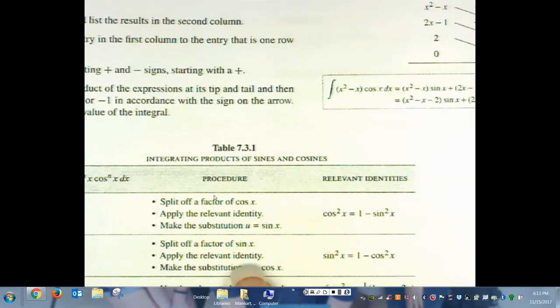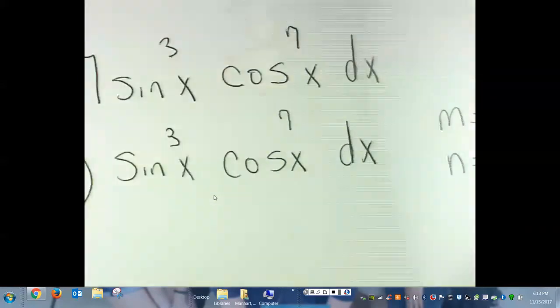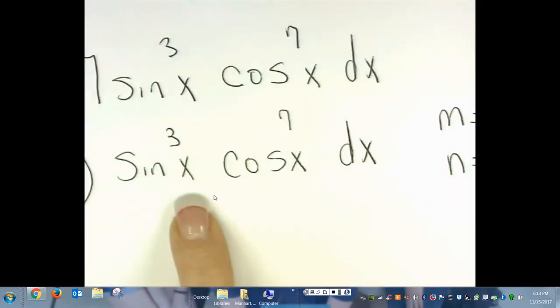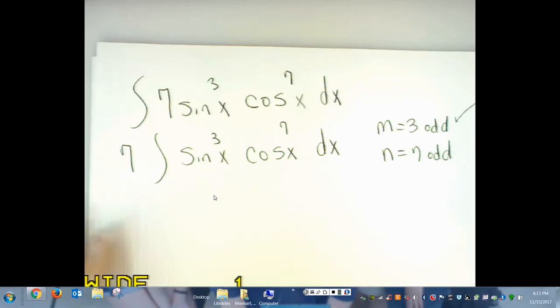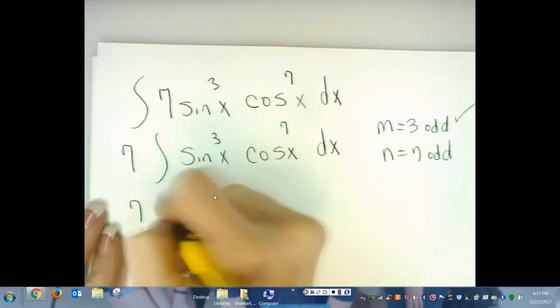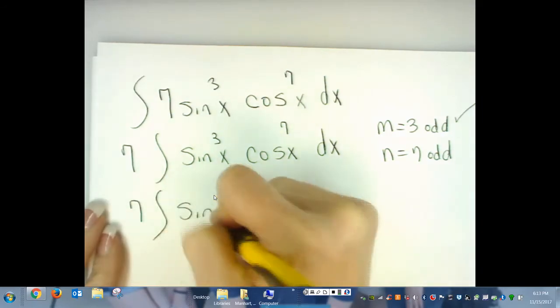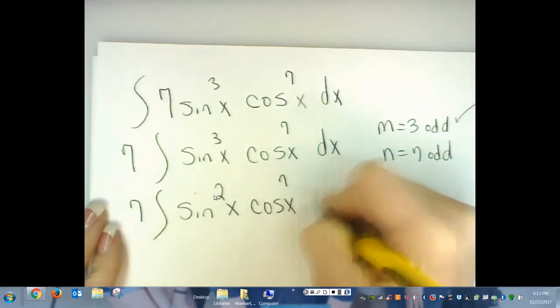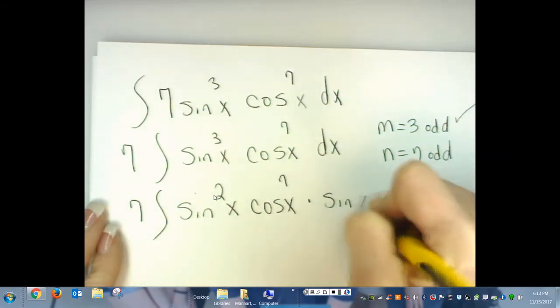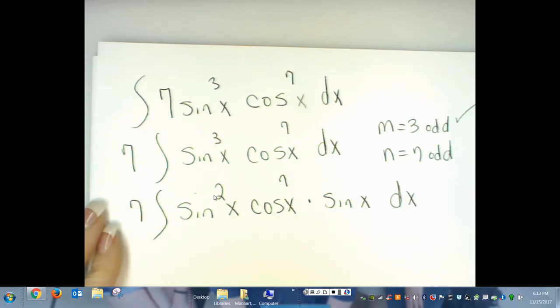So I'm going to do exactly what they tell me to do step by step. Since it is just x, I don't have to worry about U substitution. I'm ready to go. It says split off a factor of sine, and that's going to give us sine squared times the cosine of x to the 7th times sine x with respect to x.